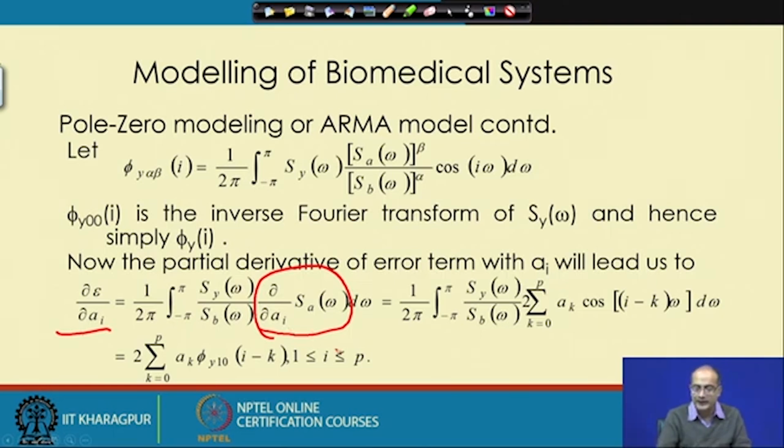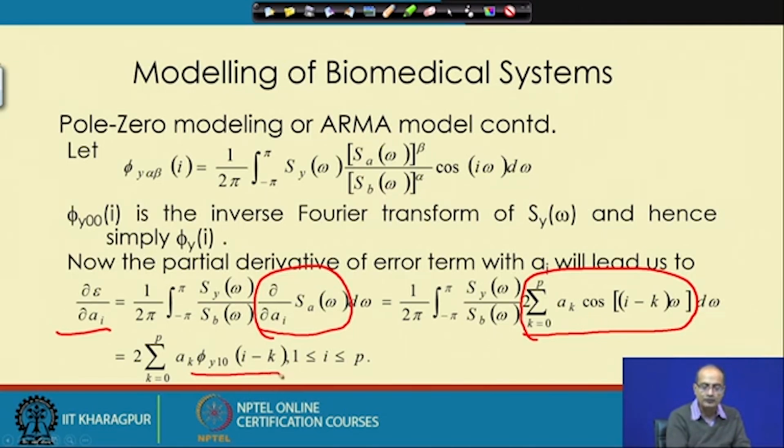Here we make use of the previous result, replacing it with the summation of the a_k coefficients, and using that we can write it in a more compact form.